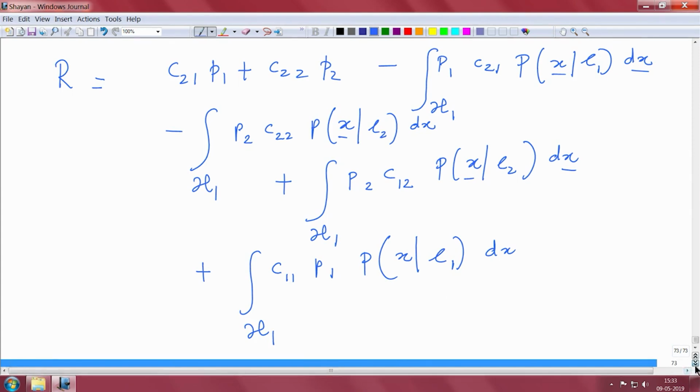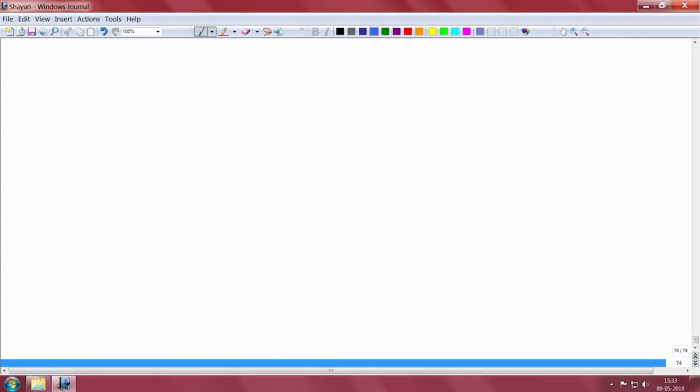So, now suppose C21 P1 plus C22 P2 is a fixed cost, right.